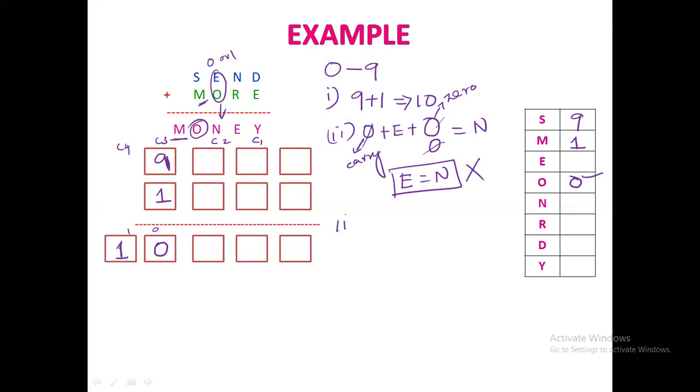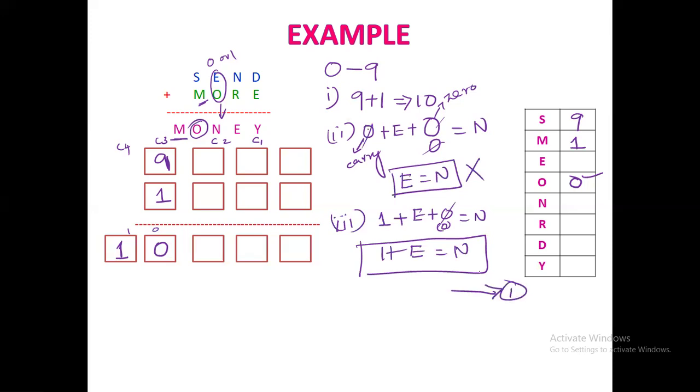And the next step, instead of carry 0, if the carry is equal to 1, then 1 plus E plus the O value. What is the equivalent O value? The numerical value is 0, equal to N. So this is cancelled, and 1 plus E is equal to N. This we are considering as equation number 1.